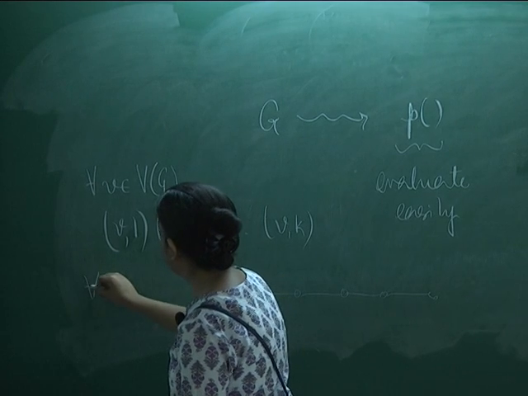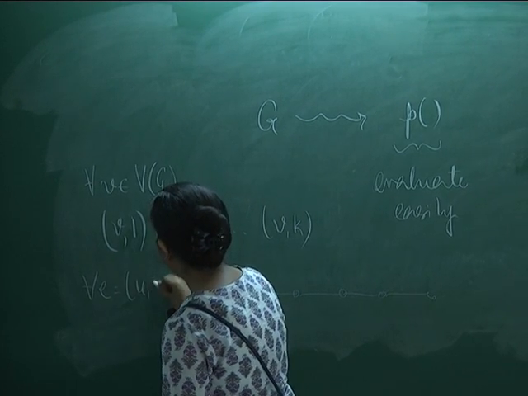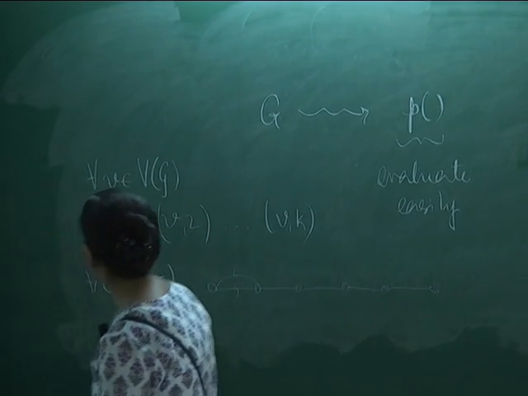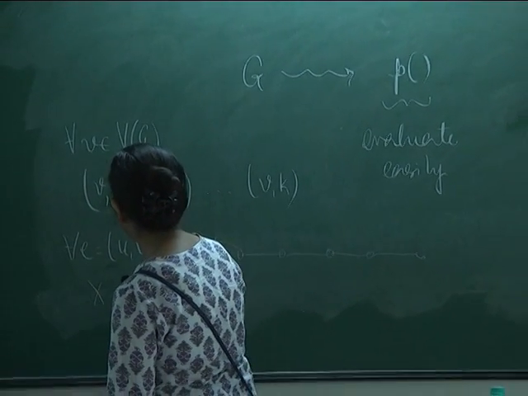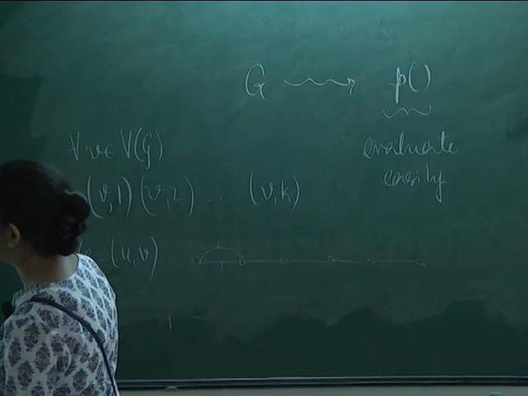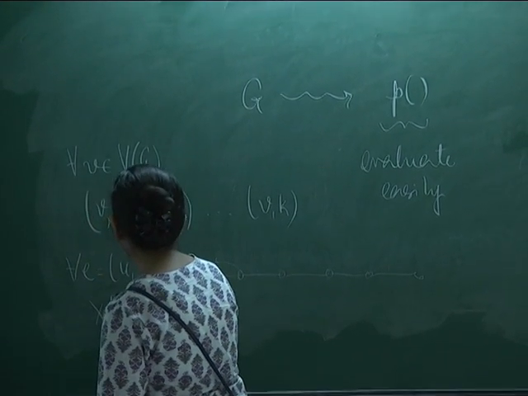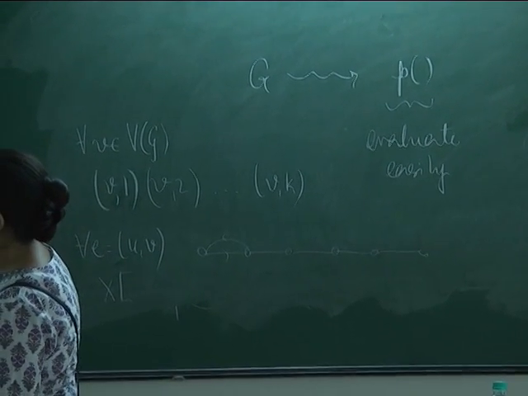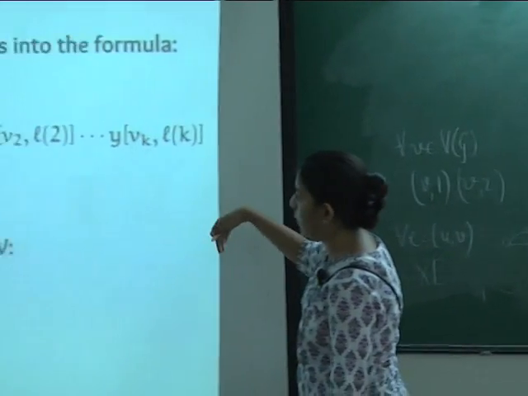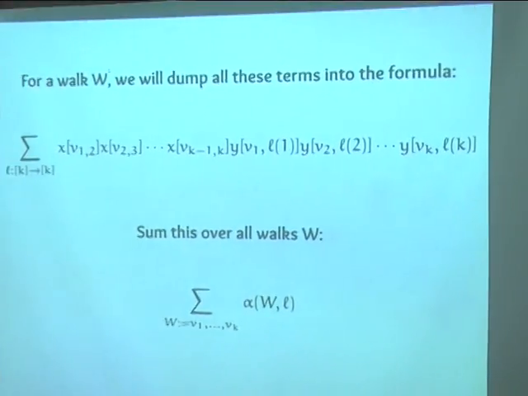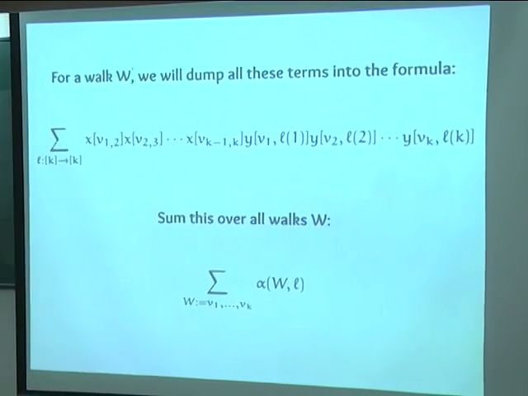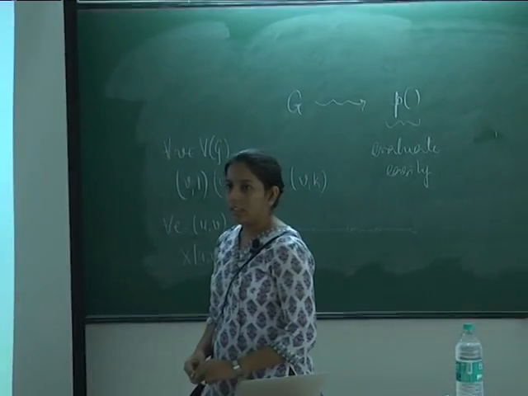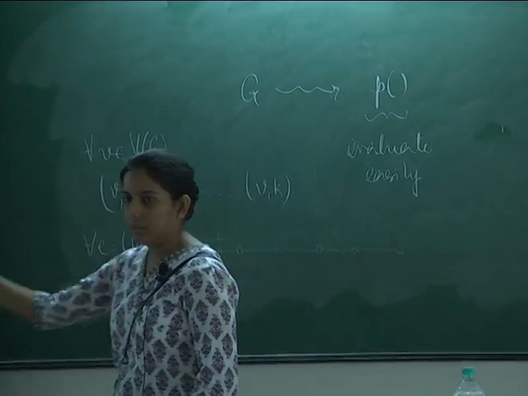For every edge in the graph, uv, we have one variable, x_uv essentially. So this is a particular walk that's v1, v2, v3, v4 up to vk. So that's why the notation is like this. But essentially for every edge, there's a variable that you can call upon. Okay, so you need the edge variables to work there.